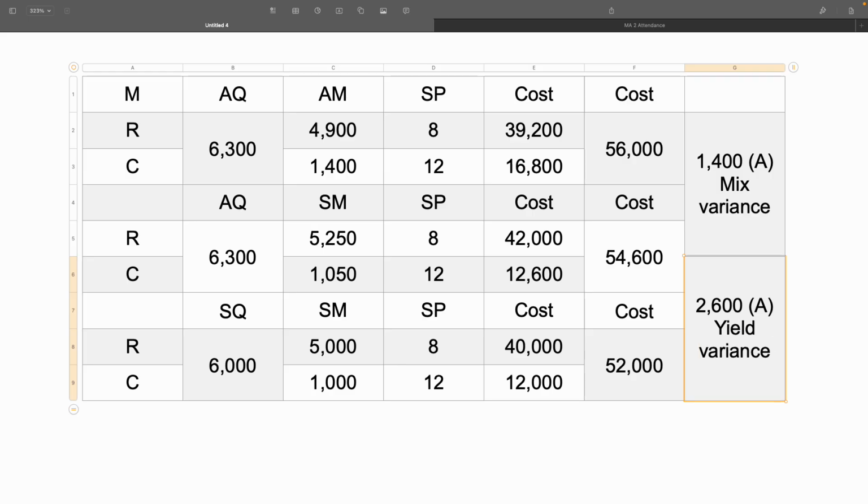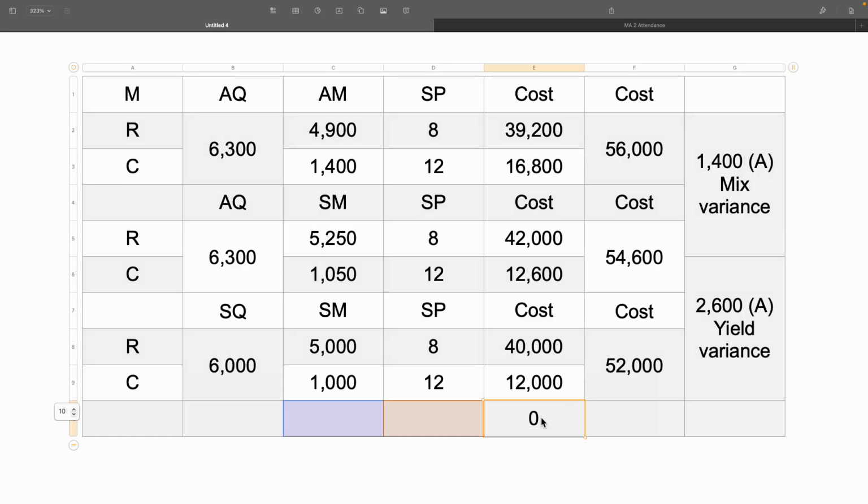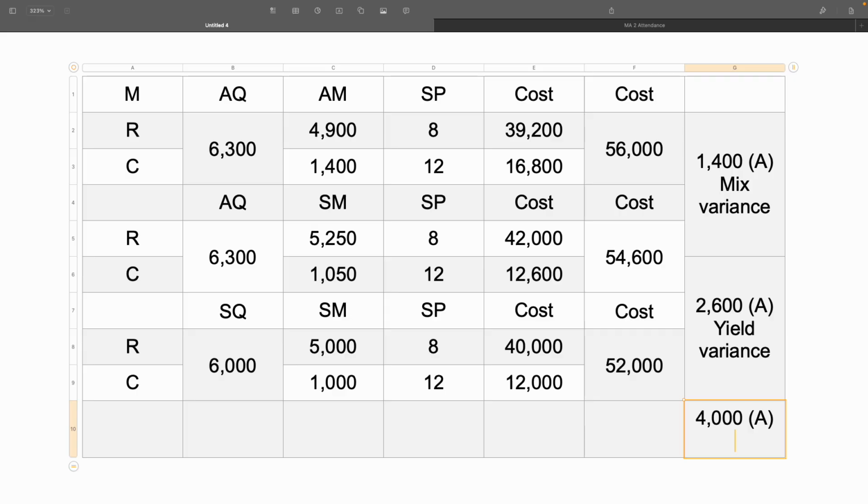Yield variance. Okay, that would be the table that you will have to set up to solve this problem. Are we okay? And when you add these two together, remember when you add these two together, what do you get? You get this one becoming your 4,000 adverse usage variance.